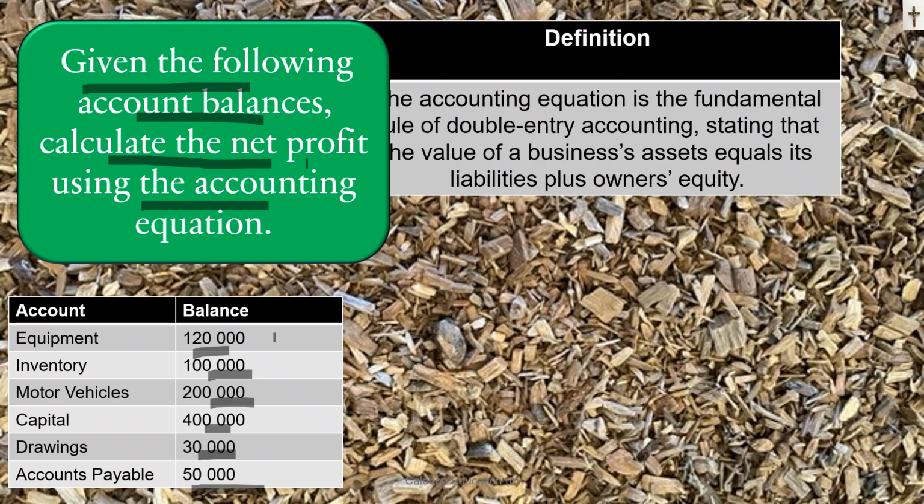But inside owner's equity will be net profit, because income and expenses affect owner's equity. Income minus expenses will either be the net profit or the net loss. But they're saying we're going to calculate a net profit. So let's see if there is a profit.